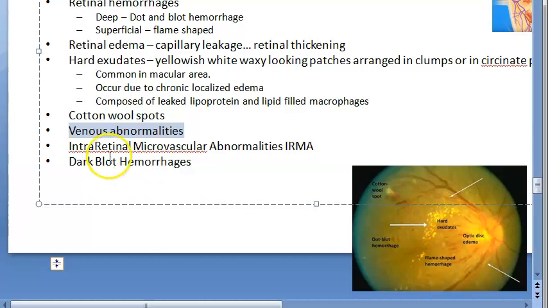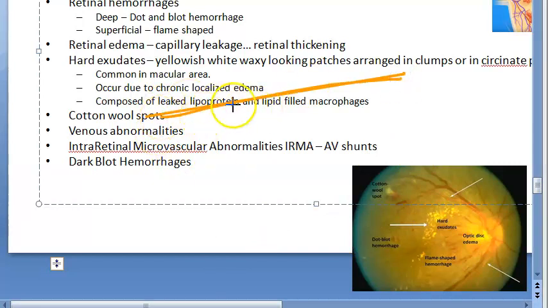Okay. Then what are intraretinal microvascular abnormalities? IRMA. This is an important term. You have already seen it in the pathogenesis. So these are nothing but AV shunts, guys. Because of occlusion in the capillary, there can be a shunt growing here, right?